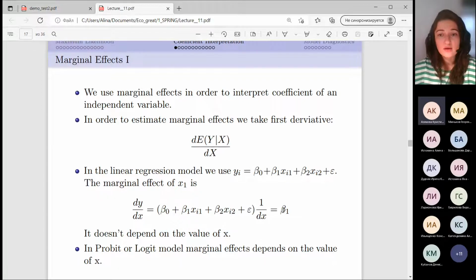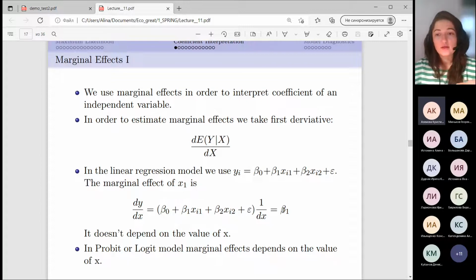This is how we interpret our coefficients. Because of this, it was rather easy to run the regress command, take a look at the betas, and interpret the effect of change, the relationship between the two variables.